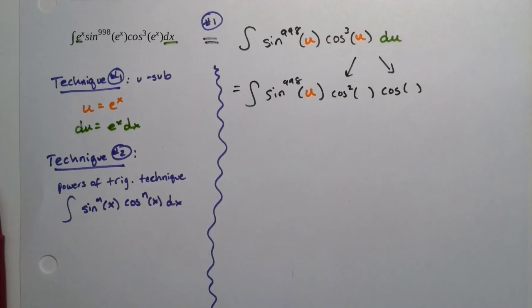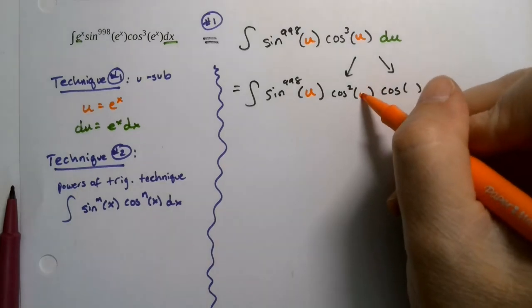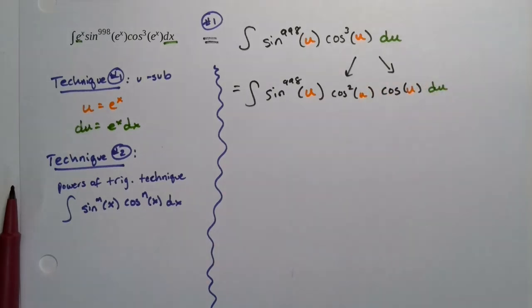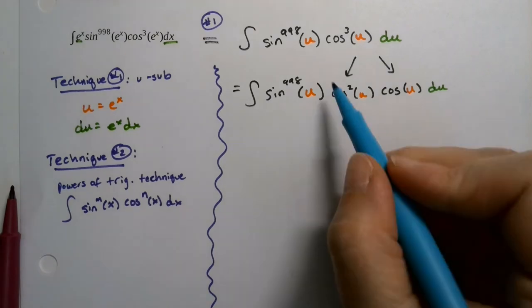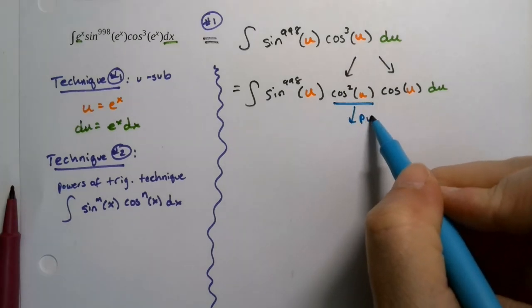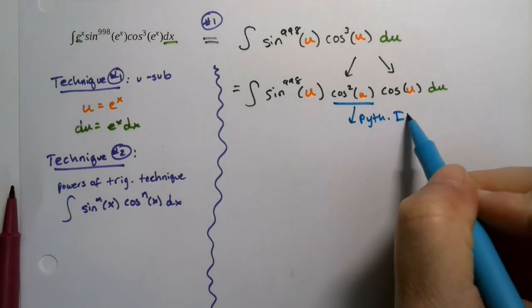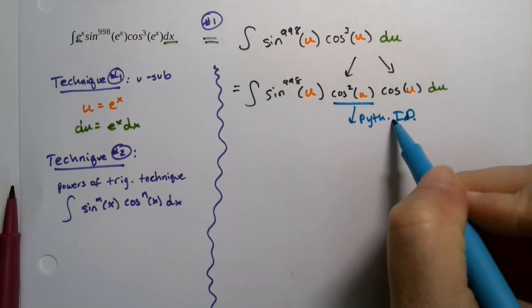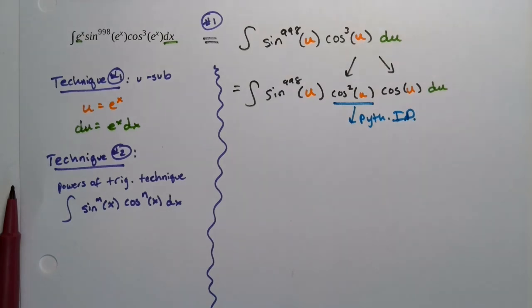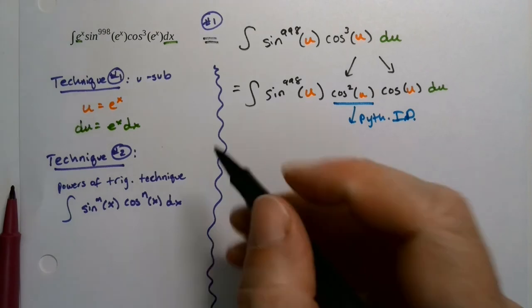Now, why would I do that? Well, because cosine squared is 1 minus sine squared. So now I'm going to take this one in the middle and use the Pythagorean identity. I'm trying basically to get to another u substitution, slowly but surely.